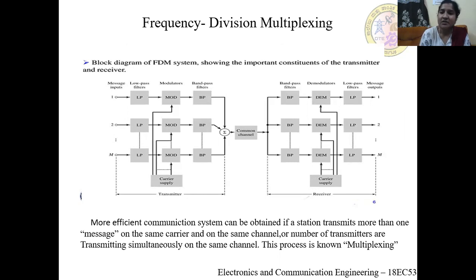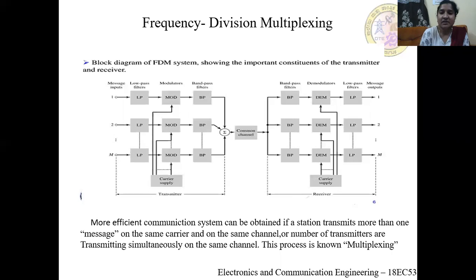Finally, the original messages are recovered by individual demodulators. After recovery by the demodulators with the help of locally generated carrier signals, the outputs of the demodulators are passed through the low pass filter. What the low pass filter does is select only the low frequency signals and reject the higher frequencies.